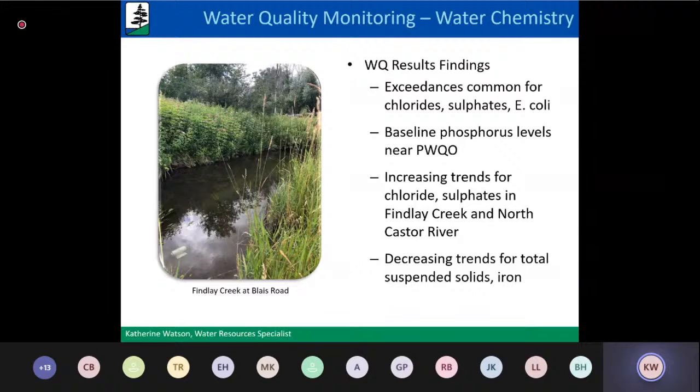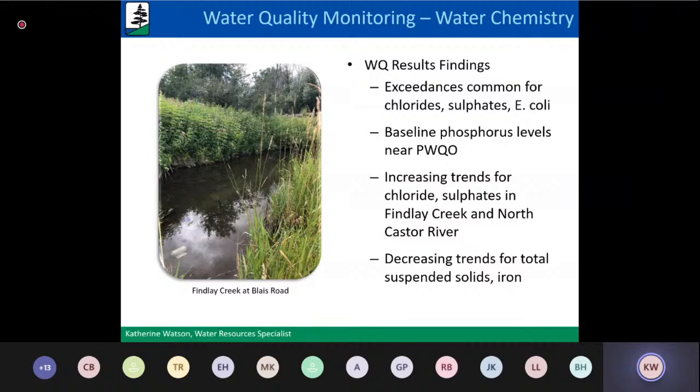Okay, so here are just a few of our findings. We did see pretty regular exceedances for chlorides, sulfates, and E. coli at the stations that were monitored. Baseline phosphorus levels are near provincial water quality objectives, so exceedances in phosphorus tend to happen when there's a lot of water on the landscape after large rain events or during the spring freshet.